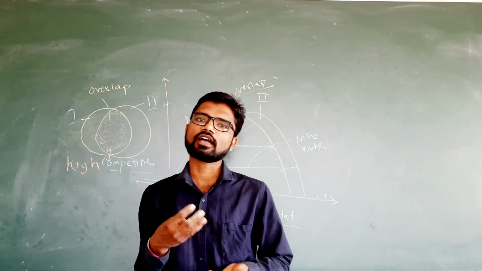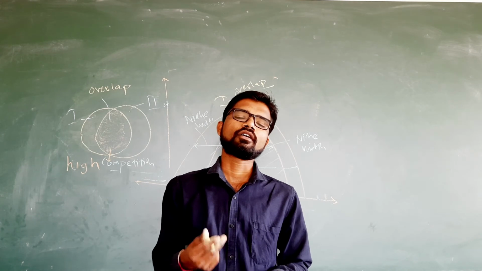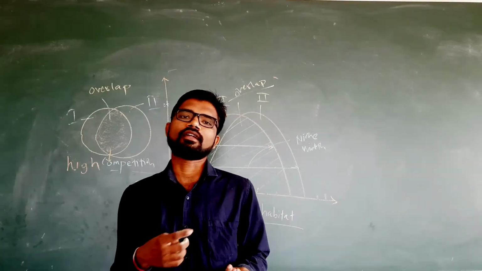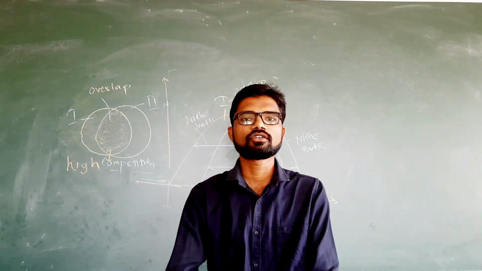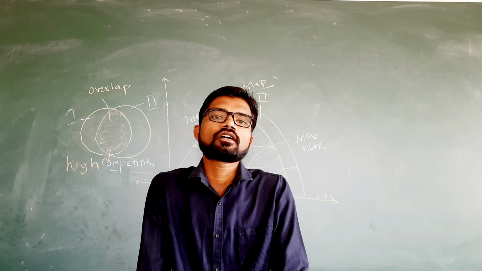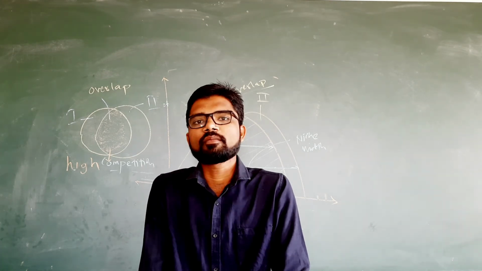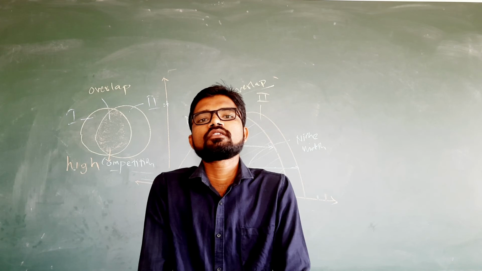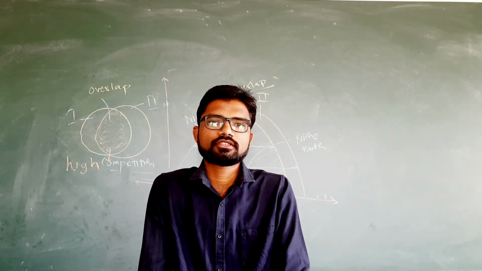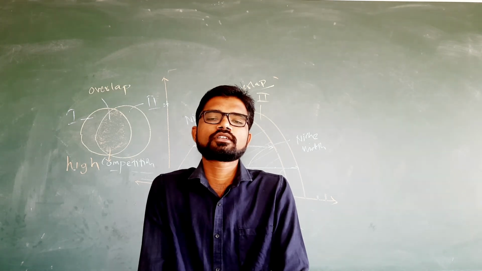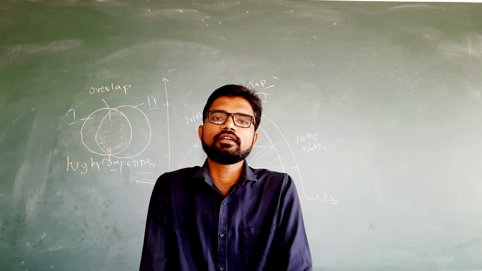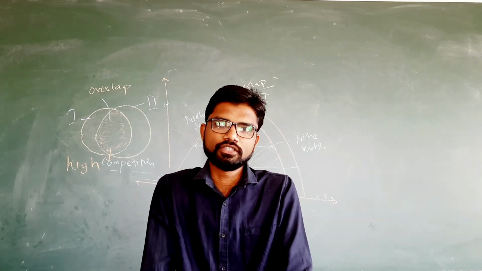High competition means availability of food is less, light is less, and air and water are also less. Because of that, there is high competition in this habitat. More than two living organisms are living together in a microhabitat, so there is high competition in the fundamental niche.